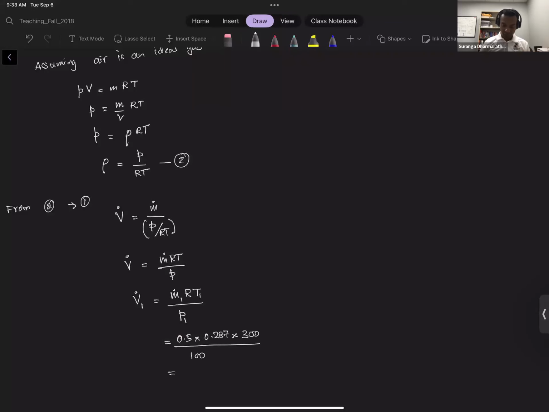If you multiply that, 0.5 times 0.287 times 300 divided by 100, you get 0.4304.